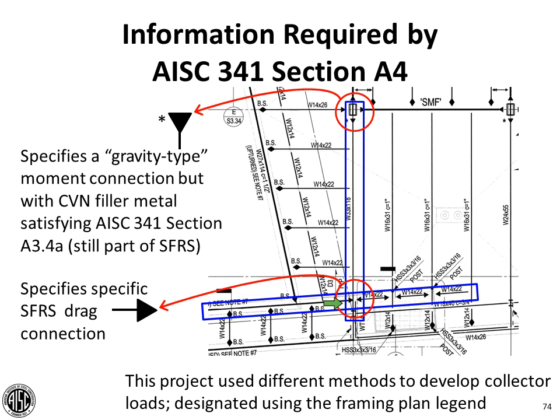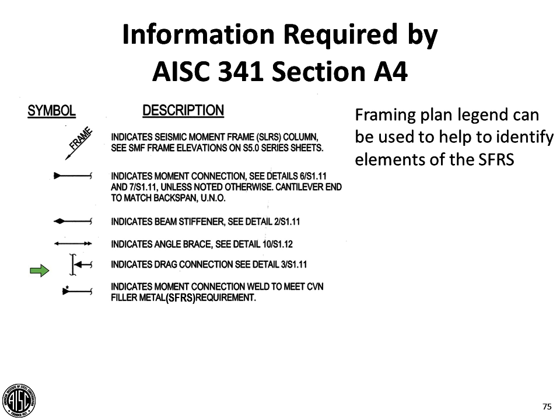And so here, for example, the engineer has specified a gravity type moment connection, but using CVN filler requirements in order to have that member act as a drag member. This connection down here is a seismic specific detail that again is defined in a legend that the engineer has included on the plans, and there are probably other symbols that would have been included.